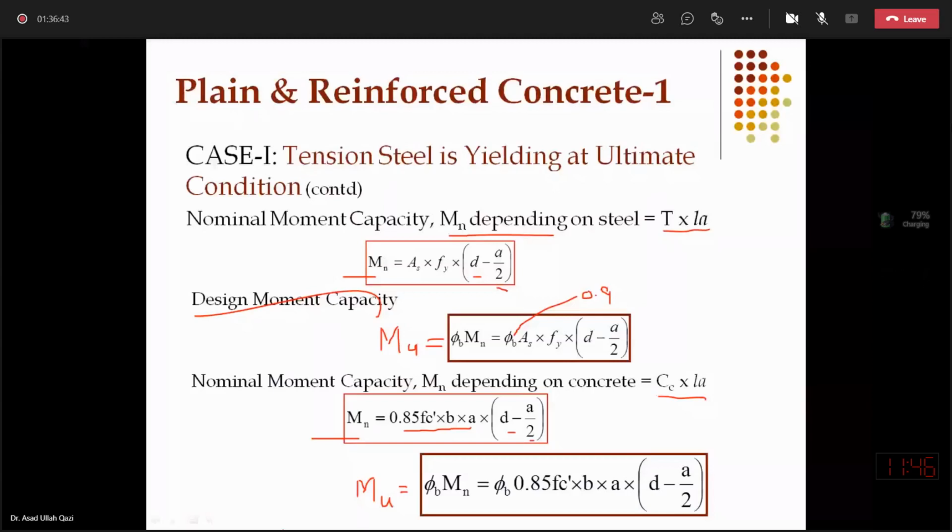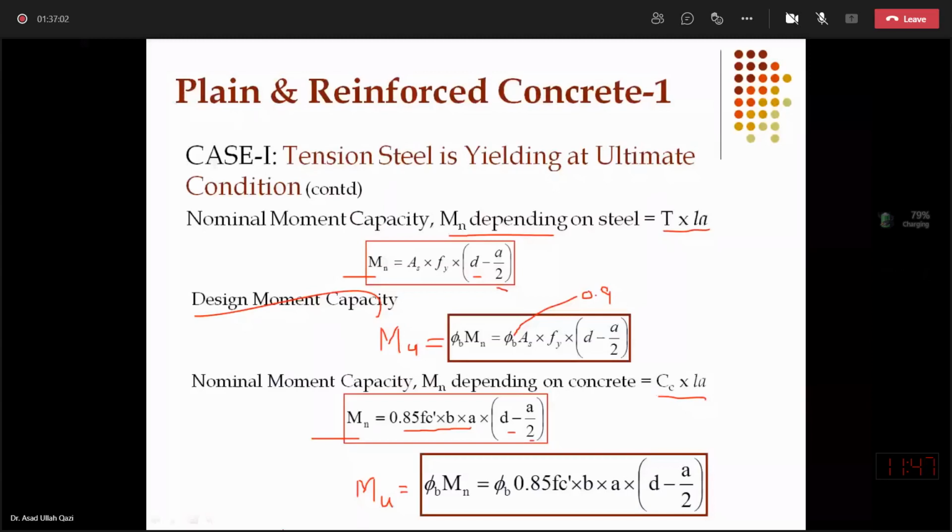What moment resistance, ultimate moment resistance, this beam can offer. So sectional details are provided to you, and you are asked to give the capacity. So it is actually a capacity analysis.